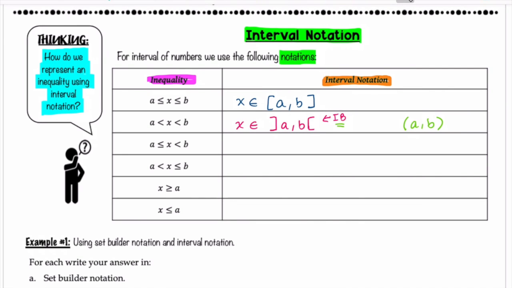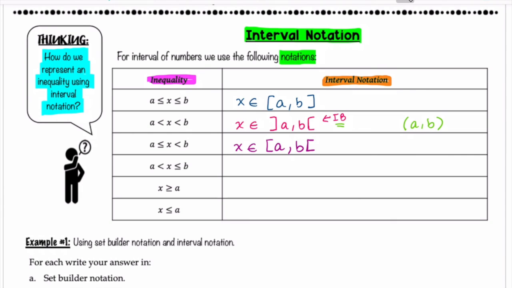Okay, the third one, we have A is less than or equal to X, which is less than B. So I am starting off with X. It's an element of. A is included, so that means normal bracket, comma. B is not included, which means backwards bracket. Again, that looks a little bit weird.